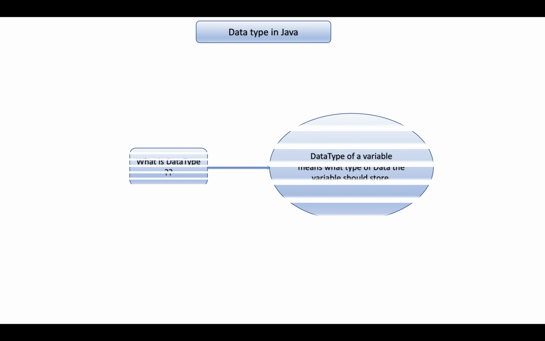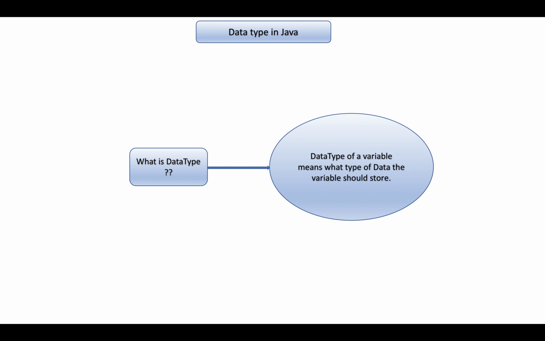Now what is data type? Data type means what? The word is saying data and type, two phrases, right? Data and type. So that represents the type of a data. We had shown, right, the data type of a variable means what type of data the variable can store or hold.